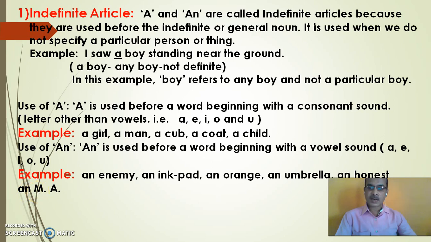There are other words like university. Look at the word university. The word starts with U, but we should use article a before that word, because although that word starts with a vowel, it sounds like a consonant sound, Y. So, article a is used before such a word.